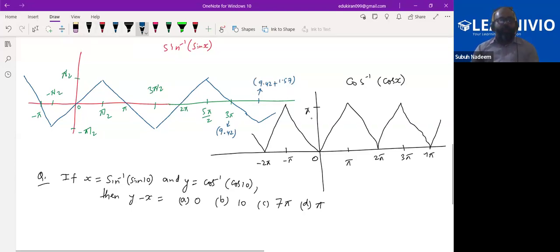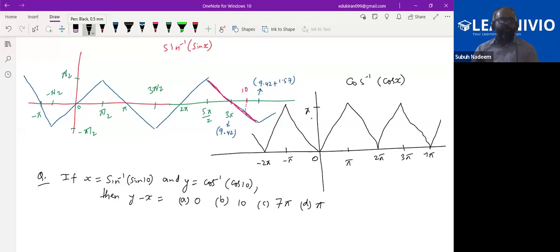So what we observe here is that 10 is somewhere here. 10 is here. So this branch has some equation, and 10 lies here. So what is the equation of this branch? Again, by transformation of graphs, which we have to know.